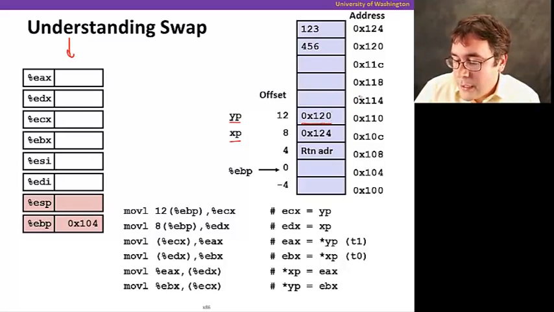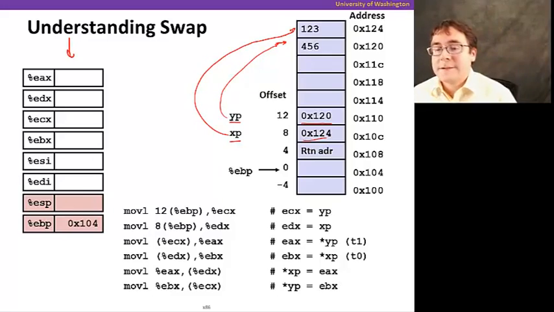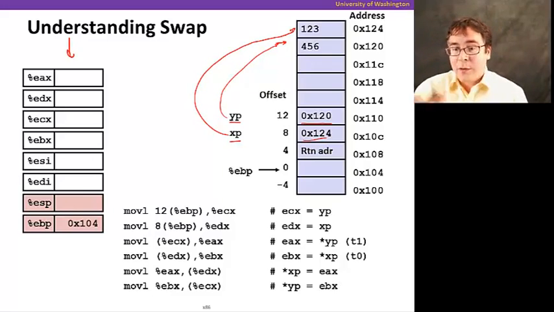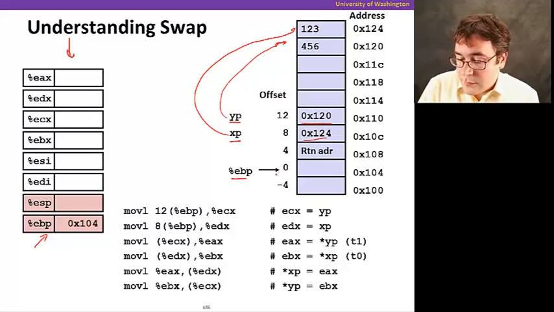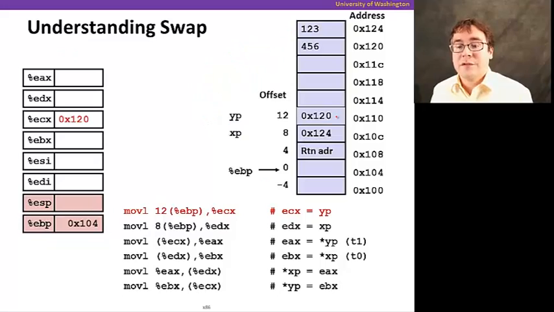The address of YP is 120, which is right here, so YP points to this location, and XP is 124, so XP points to this location here. And our register EBP, the stack pointer, is located at address 104. So EBP points to here, and we're going to see that a lot of memory locations are relative to the stack pointer. Let's execute the first instruction now.